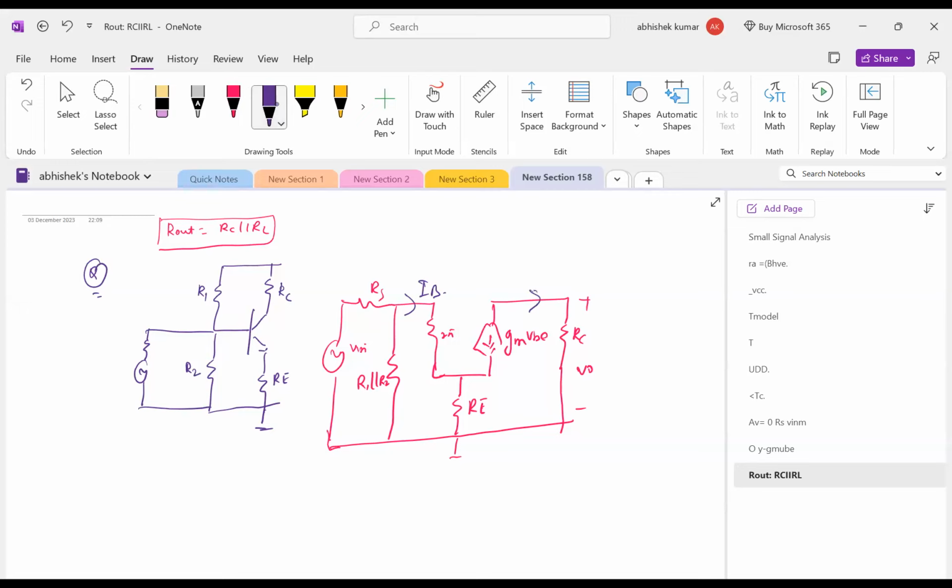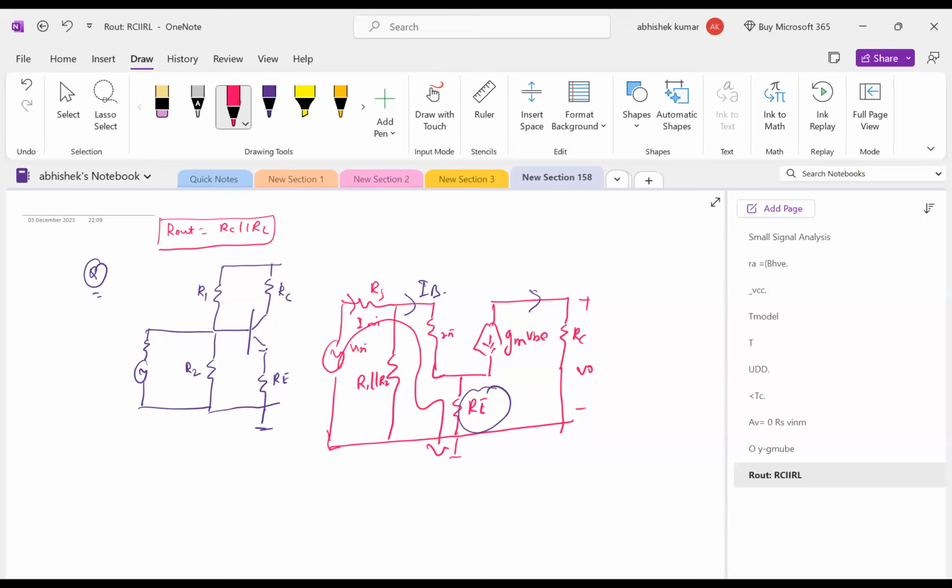Is RE considered to be part of input resistance or output resistance? It's not required, but if you find the input impedance, you will see that RE will be coming as one part of the input impedance, because if you go to this circuit, your input will include RE also. If it is including RE, it will also affect your voltage gain and current gain.